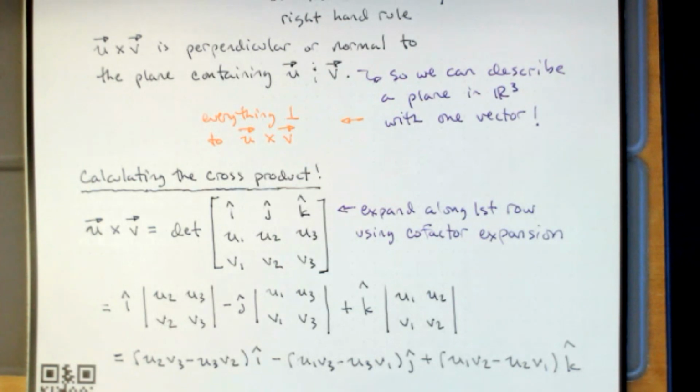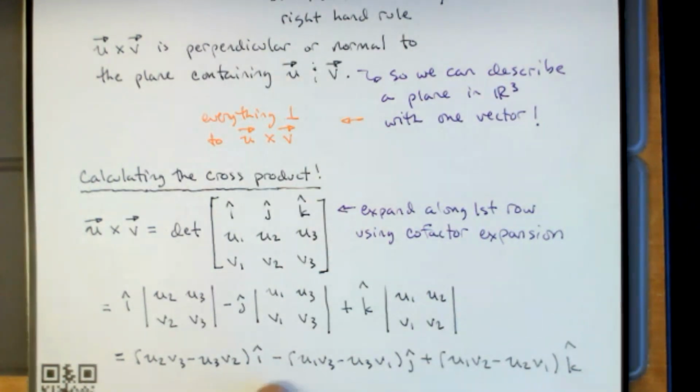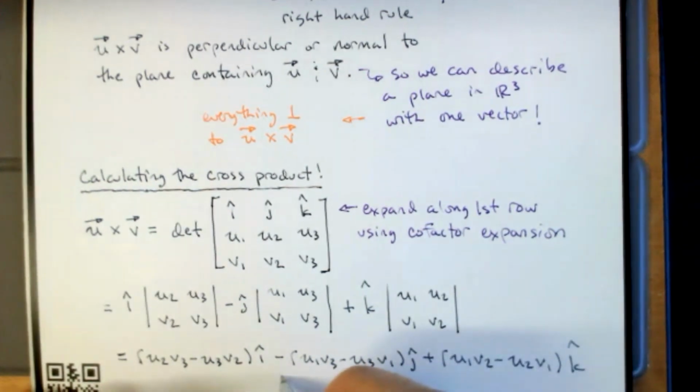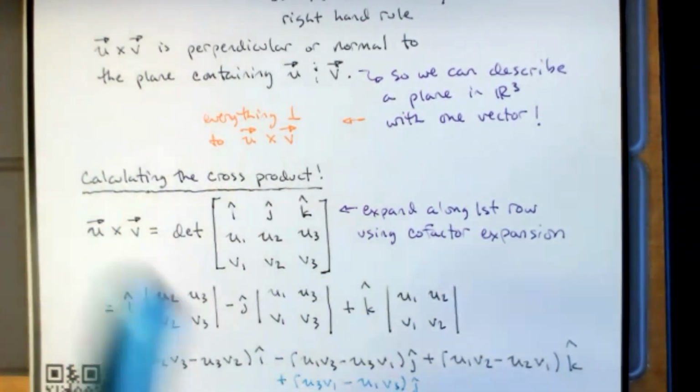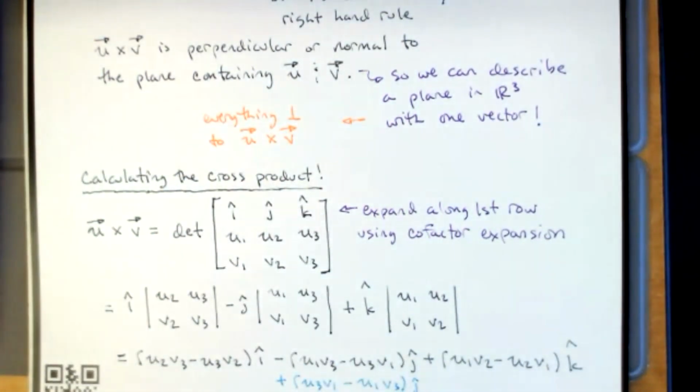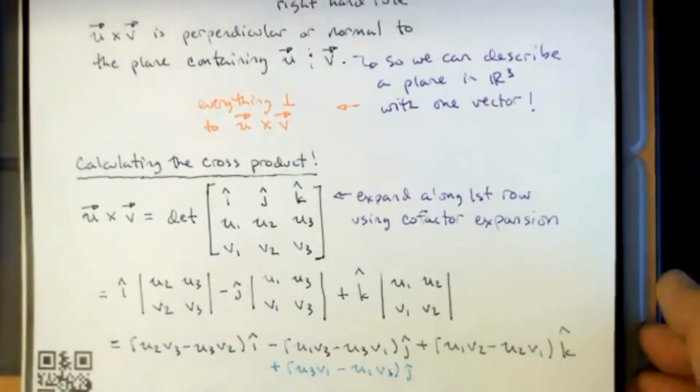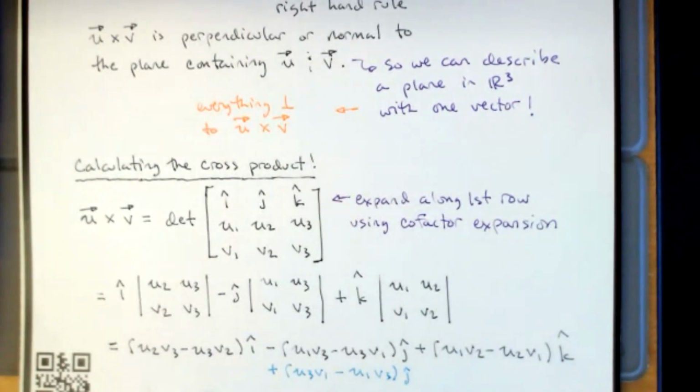So what I mean is if we multiply by the negative one, this will look like plus u3 v1 minus u1 v3. I guess at least this way they're all positive. But I don't like that second pattern like in the first. So you can see which way I remember it.